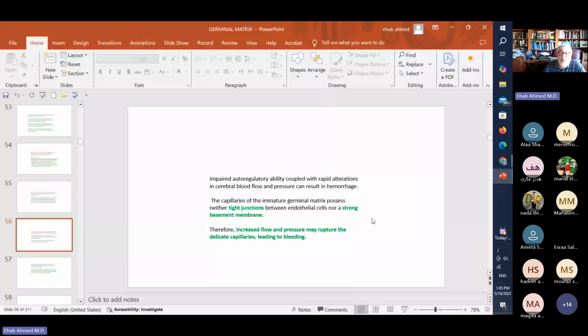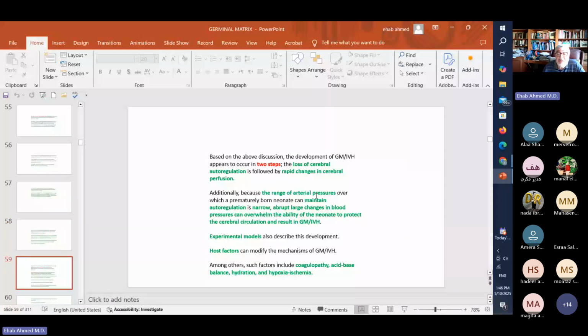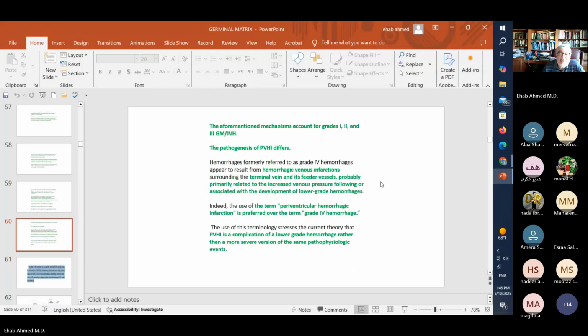So if we go into the steps of the bleed, step number one is loss of cerebral autoregulation, which is followed by rapid changes in cerebral blood flow, and then GM bleed. The pathogenesis of grade 4, as we are going to see, which is periventricular hemorrhagic infarction, is different.